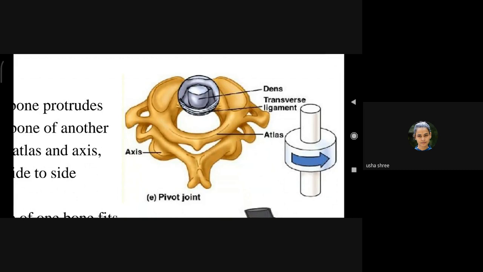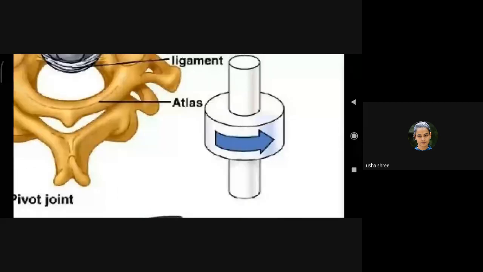I will show another very clear picture of a pivot joint from Google. That will be very clear for you. Generally, you can see by this structure that a pivot joint is like one rod covered by a ring. Because of that joint, we can move our head from left to right.